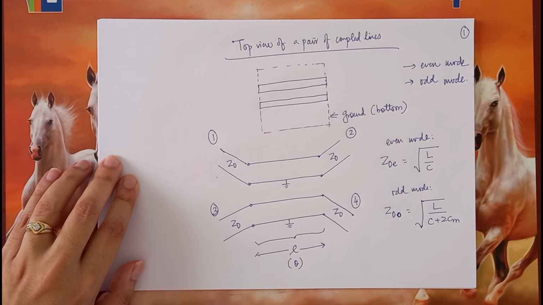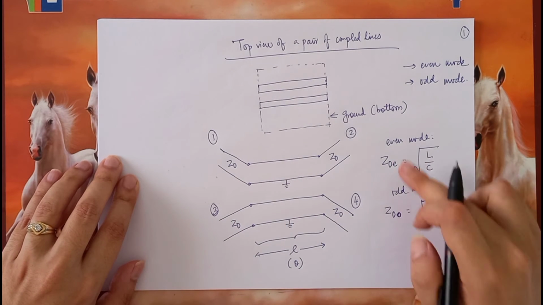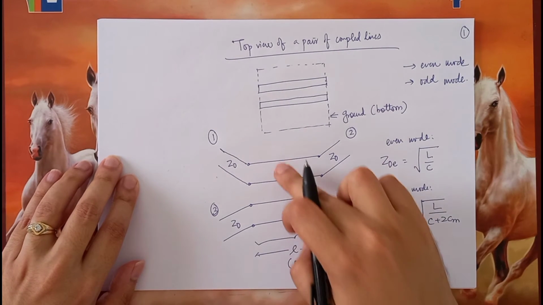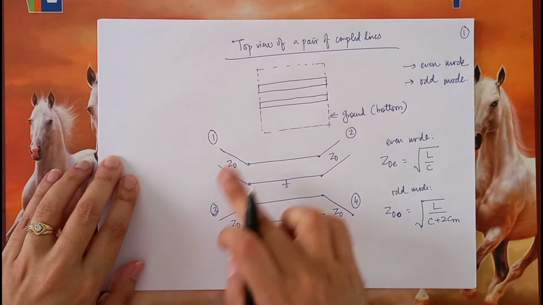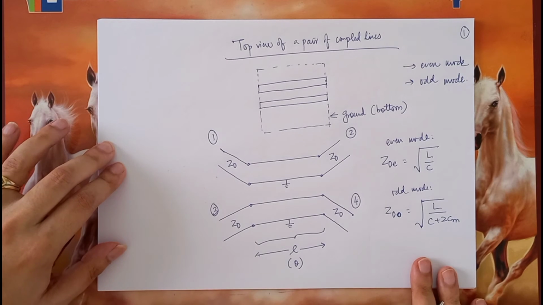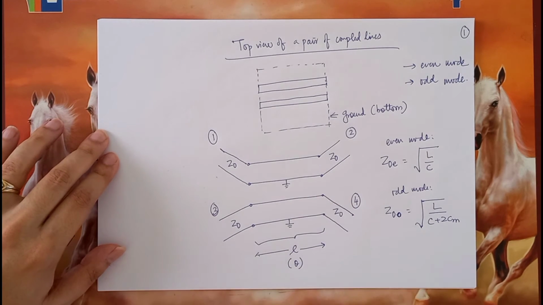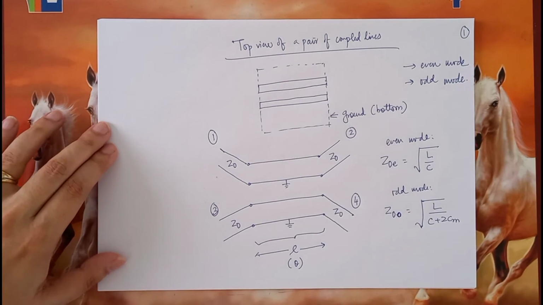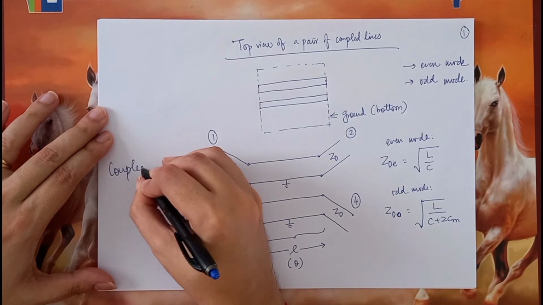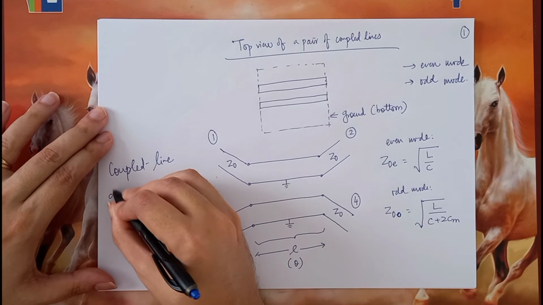The portion of the lines running close to each other need not be Z0, because they have to be analyzed using two values, Z0E and Z0O, because they are correlated to each other, whereas these sections are not. So this kind of a 4-port network where the coupling is happening, this device is called a coupled line directional coupler.